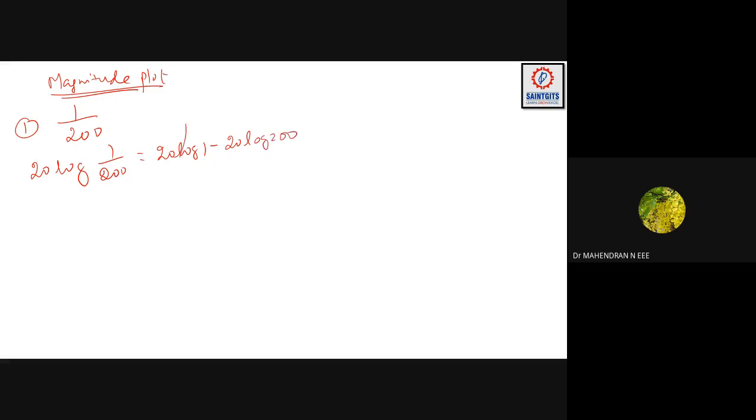So this will be 0 and minus 20 log 200, which is approximately minus 46 dB. Use a calculator and find out the log 200, multiplied by 20. After doing all this process, you are getting minus 46 dB.